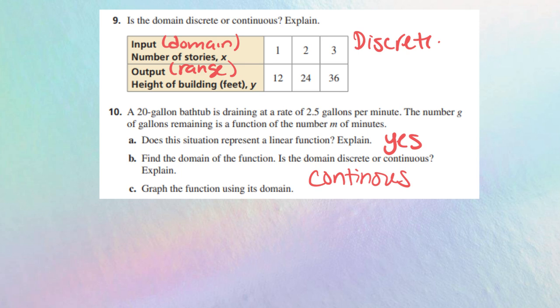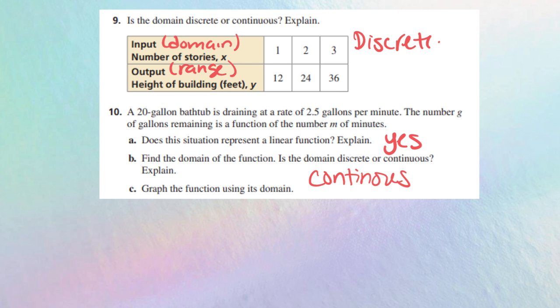Who can tell me what the domain will be here? Remember, the tub could drain for part of a minute, right? It is draining per minute.